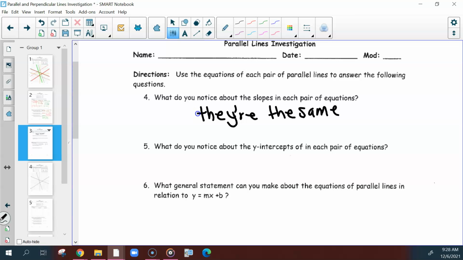Or if you said they're parallel, you wouldn't really know that unless you looked at the graph. But if you're talking specifically about the slopes, they're usually the same. Okay? What about the y-intercepts? They're different.